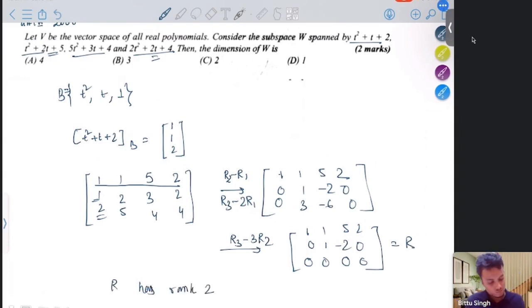Therefore from those 4 vectors, only 2 vectors are linearly independent, since the rank is 2. Hence we can say the conclusion is that the dimension of the vector space W generated by those 4 vectors is actually 2.